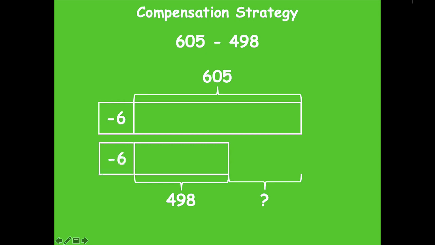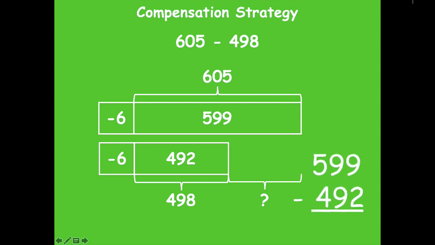So 605 minus 6 is 599. Those 9s up there make it so we don't have to unbundle anything. Okay. Then we would also have to do 498 minus 6, which is 492. So my new subtraction problem is 599 minus 492. No decomposing or unbundling there, so this one's much easier to solve this way now.